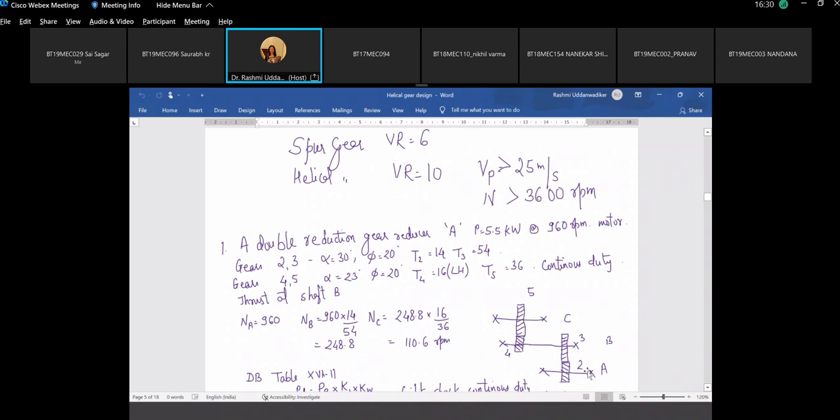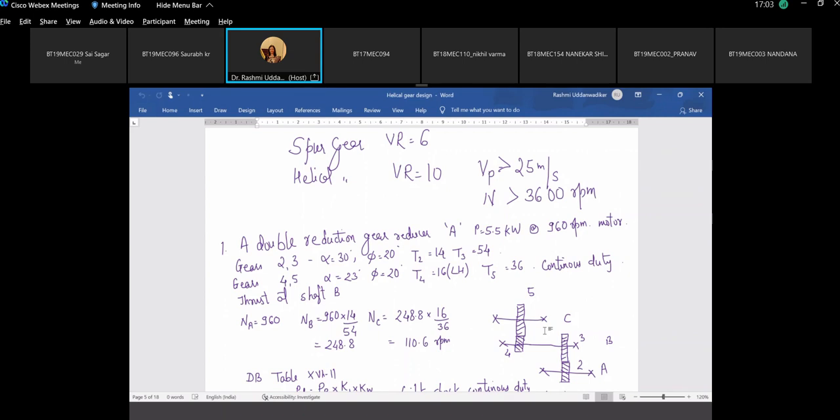Power available at shaft A is 5.5 kilowatt rotating at 960 rpm with an electric motor. Gears 2 and 3, number of teeth, helix angle, pressure angle is given. Similarly for gear 4 and 5, helix angle, pressure angle and number of teeth are given. Service condition says that it is on continuous duty and you have to also calculate what is the thrust at the shaft B.